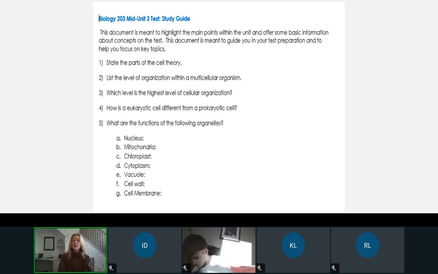And cells are the smallest unit of life. So let's list what I just said: a cell is the smallest unit of life. What is a group of cells called? Starts with a T. Tissue. Good. A group of cells are tissues. Tissues make what?